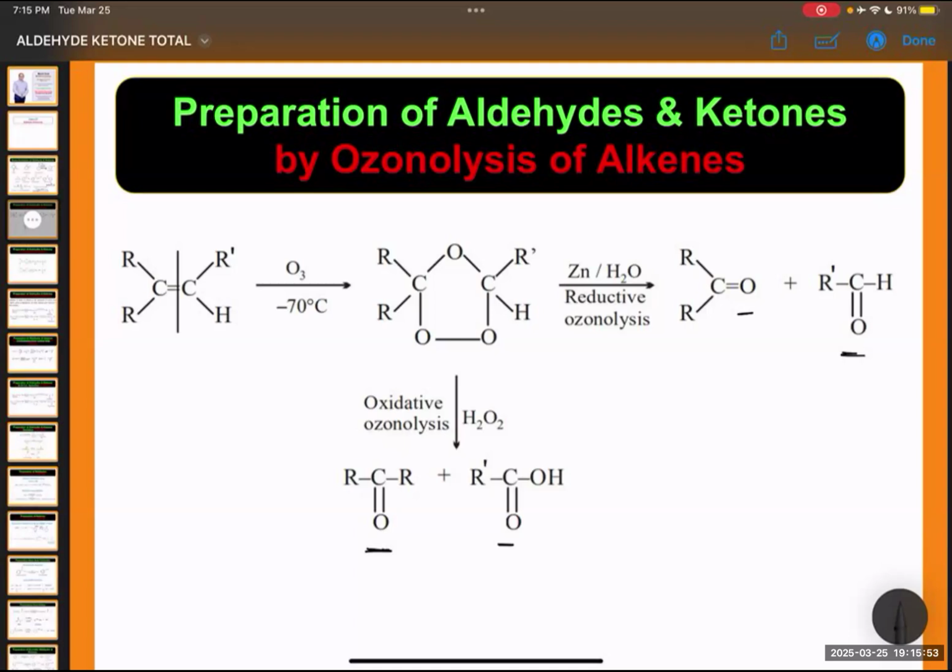This ozone binds itself to the double bond and forms an ozonide. This ozonide is unstable. It breaks into fragments, and these two fragments can be your aldehydes and ketones.